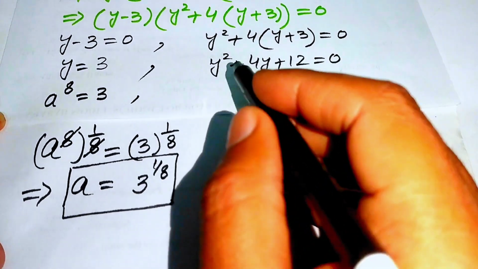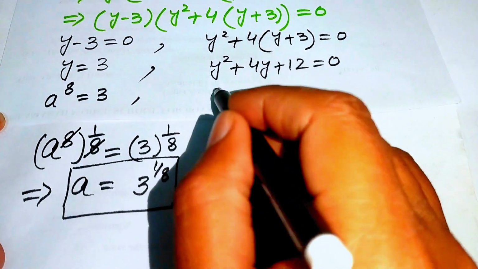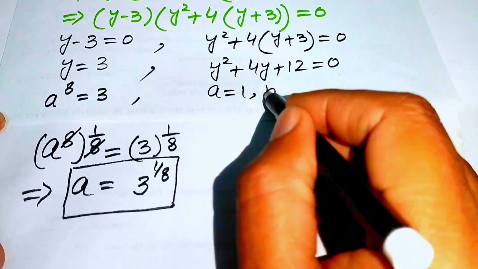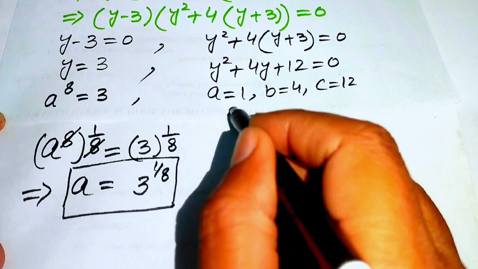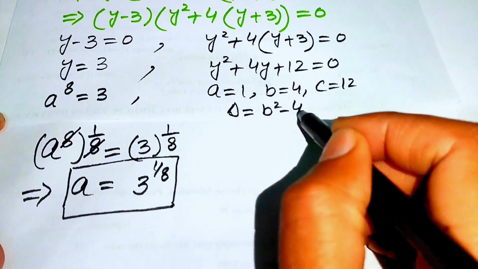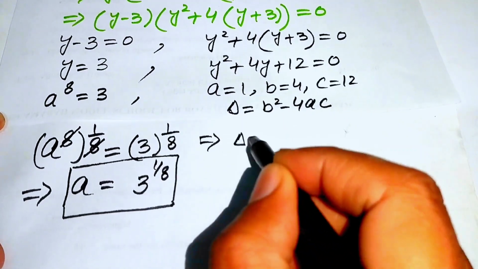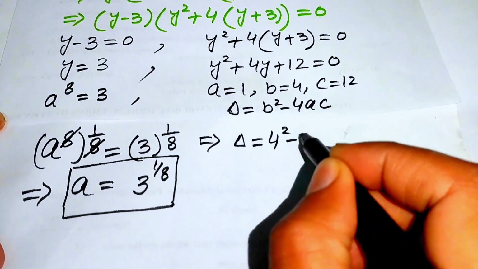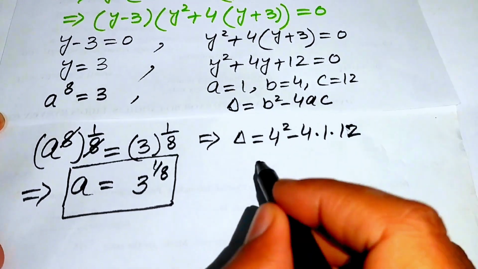So you know that in order to use the discriminant formula, first we need the coefficients of this equation, and these are a equals 1, b equals 4 and c equals 12. The discriminant formula is written as delta equals b squared minus 4ac. So here delta becomes 4 squared minus 4 times 1 times 12.